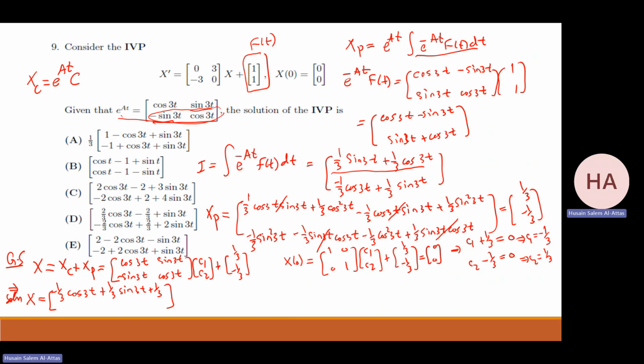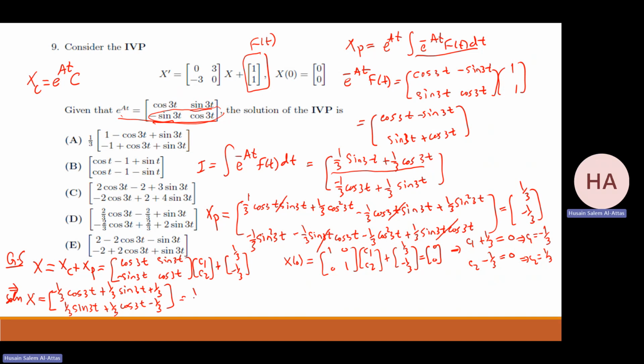Second row will be minus times minus, that will be 1 over 3 sine 3t, plus 1 over 3 times C2, which is plus 1 over 3 cosine 3t minus 1 over 3.